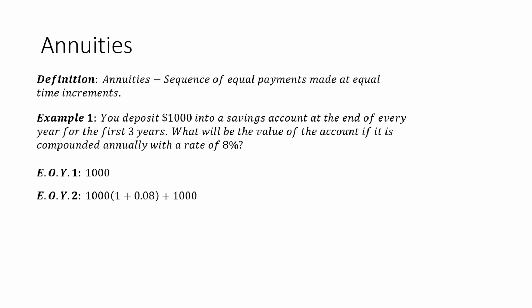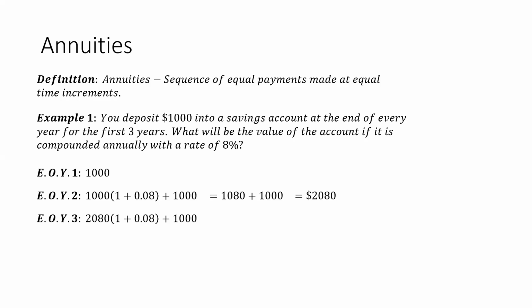My time is 1, my n is 1, and that's how I have this very simplified version of 1 plus 0.08, and that's it. If you looked at the formula and filled out everything, that's what it simplifies to. And so 1 plus 0.08 times 1,000 gets me 1080, plus 1,000 means that at the end of year 2, I have $2,080 in my account.